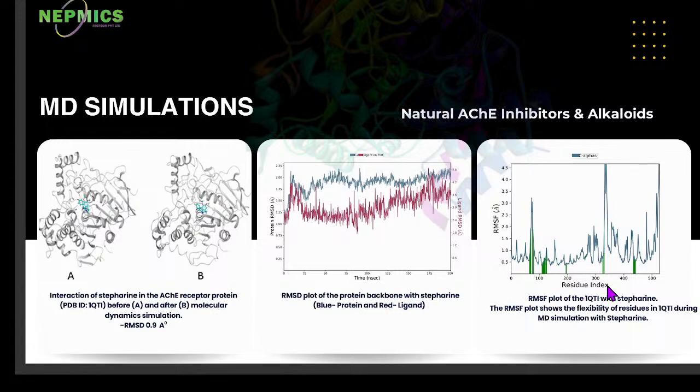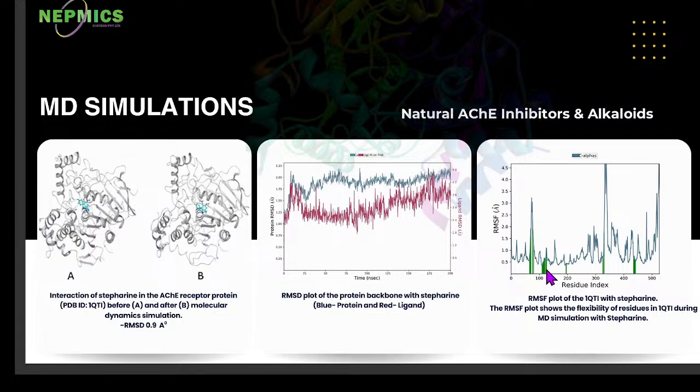The residue index implies the residue count of amino acids. It is not necessarily the case that, for example, at 110 where there is a dark green color in the pictorial representation, it is the amino acid numbered 110. It is quite close to it, but we need to analyze the figure there.